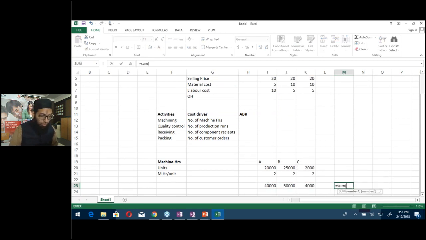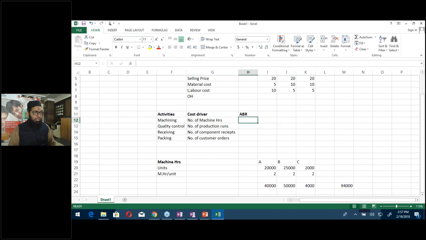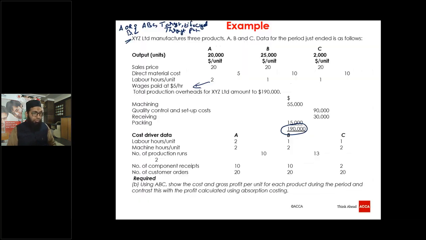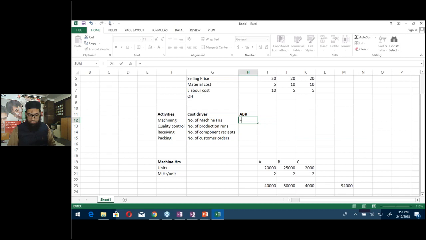Finally, total machine hours will be 94,000. So my ABR will be machining cost, which is 55,000 divided by the total machine hours, which is 94,000. So it will be 0.58511.